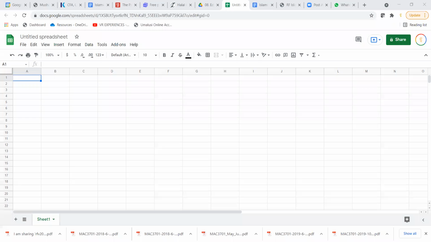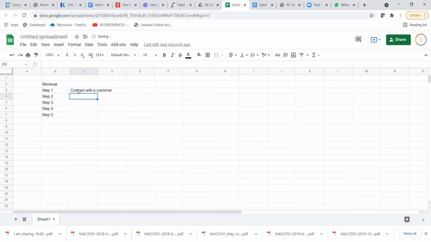They should be able to see Google Sheets. So remember, the revenue model has 5 steps. We will have step 1, step 2, and then we'll go all the way down to step 5. Now in step number 1, it is basically a contract with a customer. So step 1 deals with a contract with a customer.